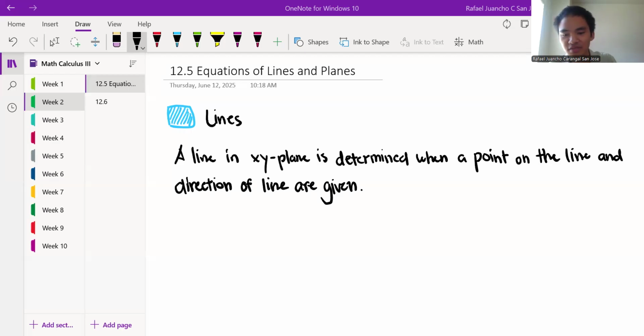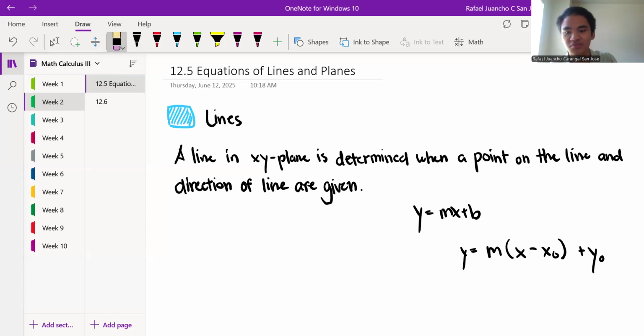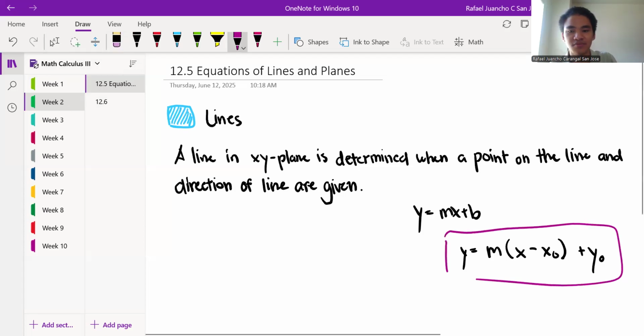Point slope form is y equals m times x minus a given x, plus a given y. This is point slope form, because we have a point here and we know the slope.